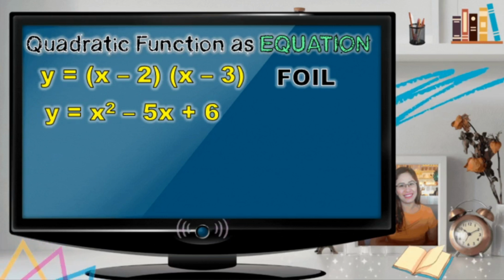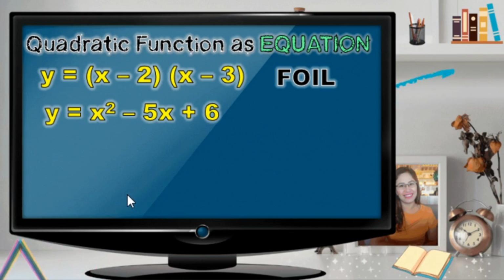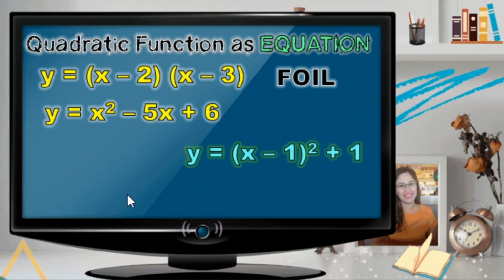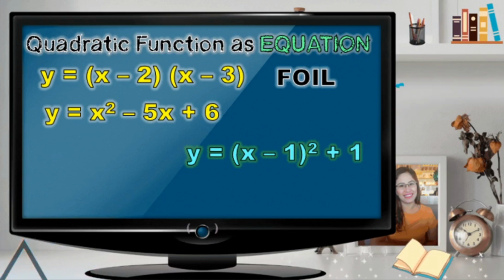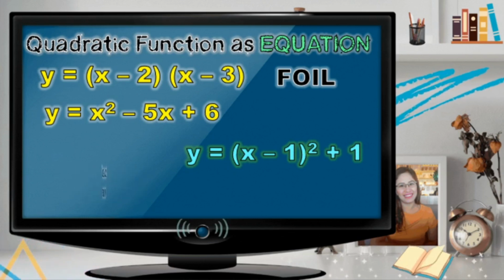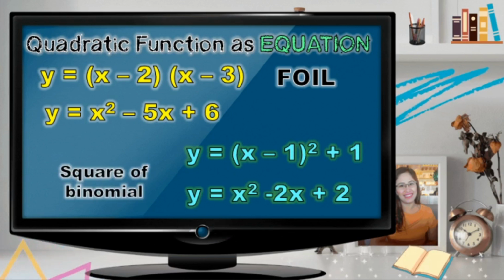So, the highest exponent is 2. And we have another example, y is equal to the square of the binomial x minus 1, plus 1. If you do the square of the binomial, we will have the equation y is equal to x squared minus 2x plus 2.